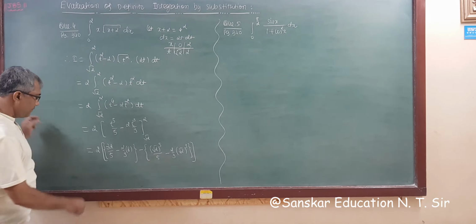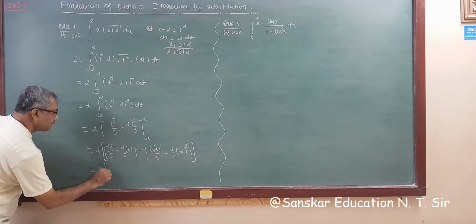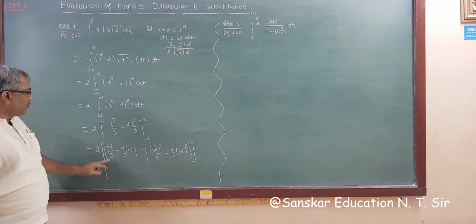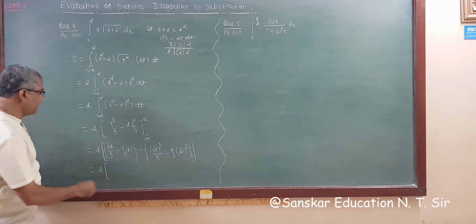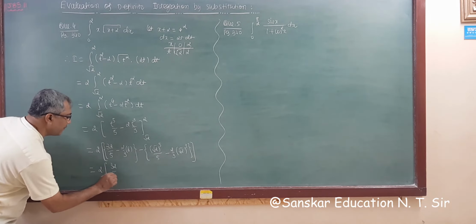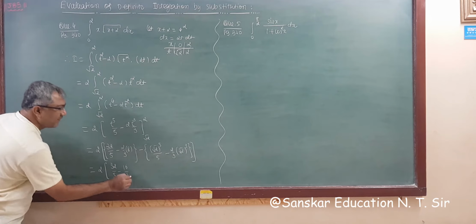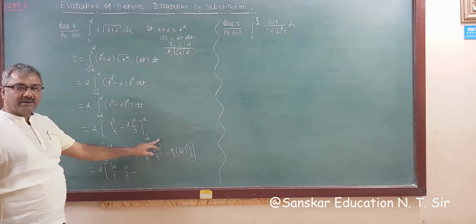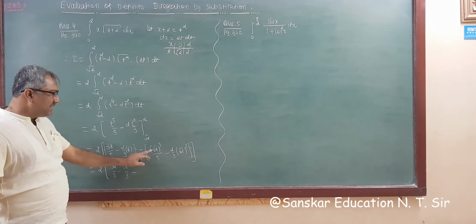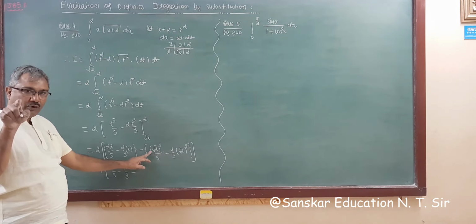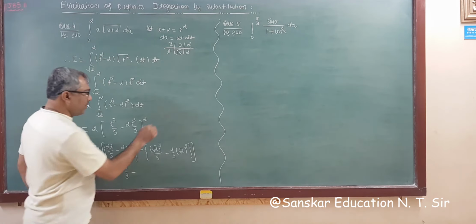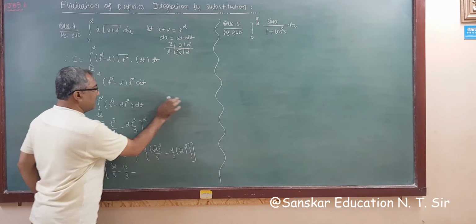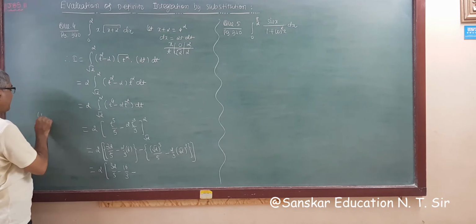So this is 2 times, this is 32 by 5 and this is 16 by 3. So 32 by 5 minus 16 by 3, minus root 2 raised to 5. That means root 2 raised to 4 is 4, so 4 root 2, because root 2 raised to 5 is 2 raised to 5 by 2.